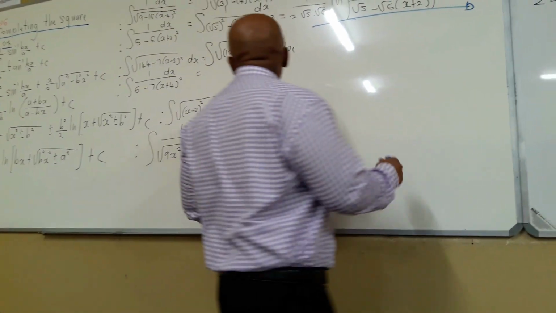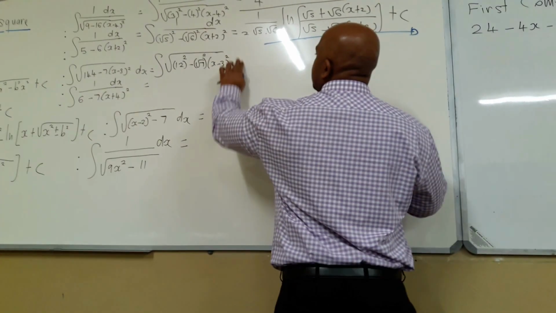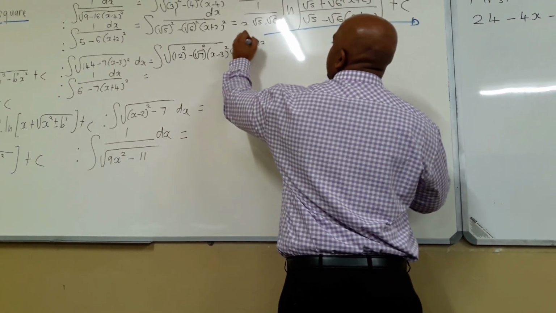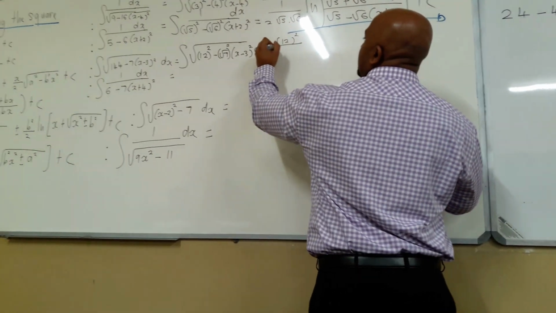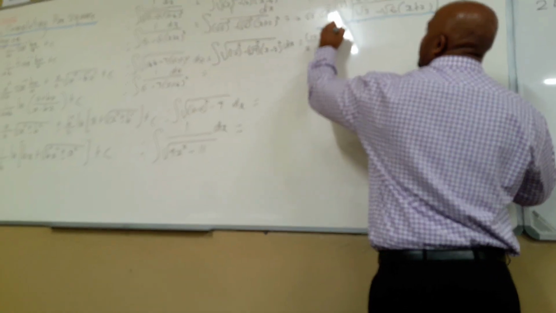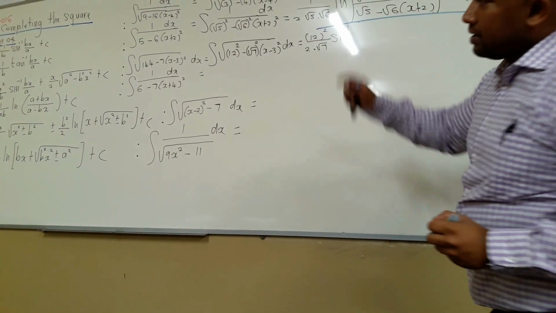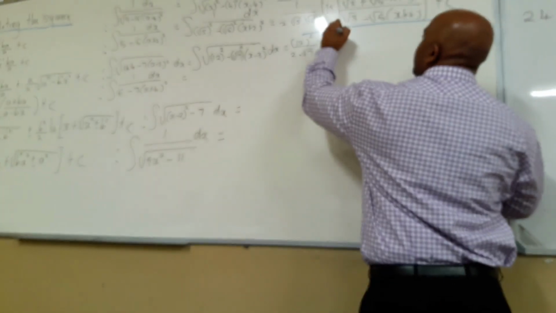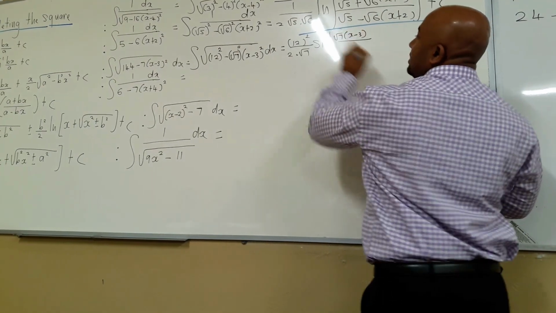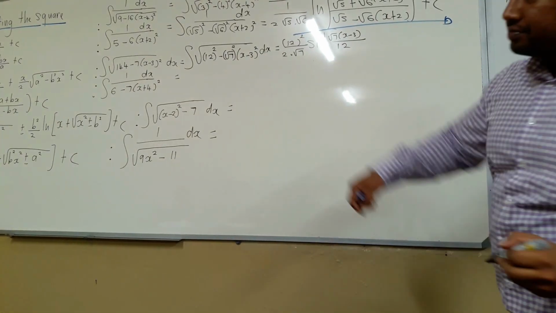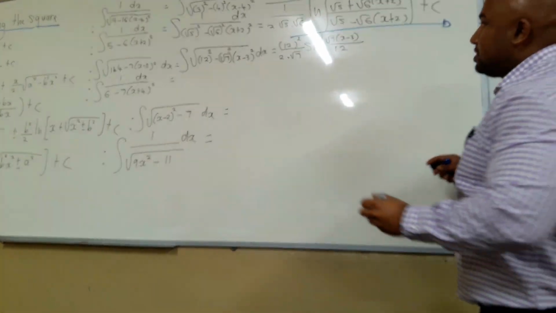Right, so that will be a squared over 2b. What's my a? So that's 12 squared all over 2b, 2 times the square root of 7, inverse sine bx over a. So that's going to be the square root of 7 times x minus 3 all over a, which is 12, plus x over 2.